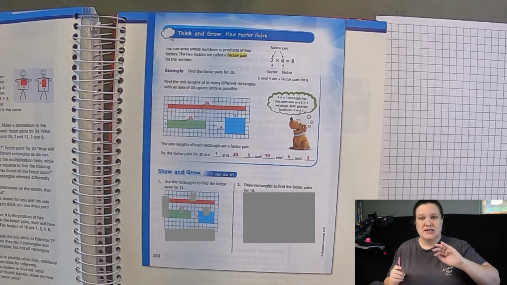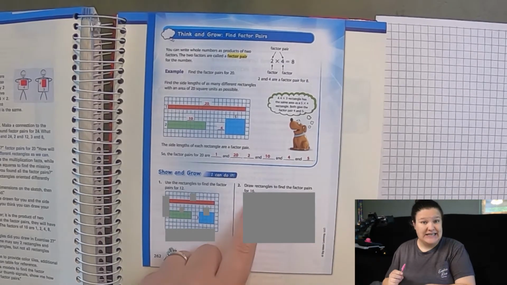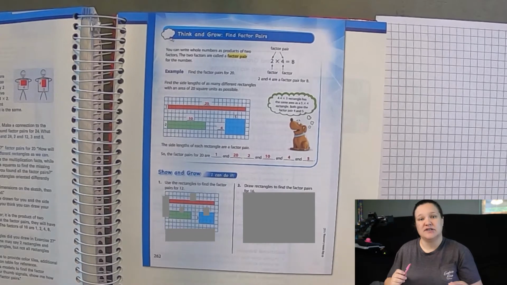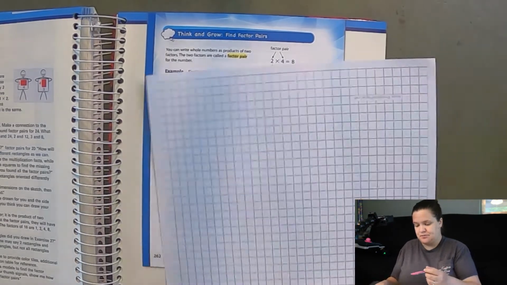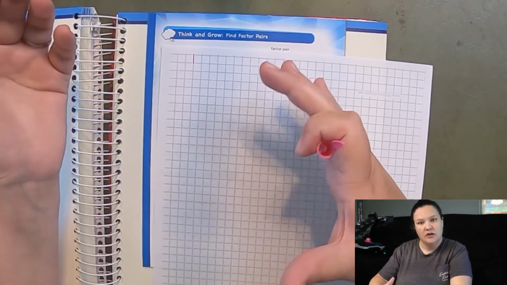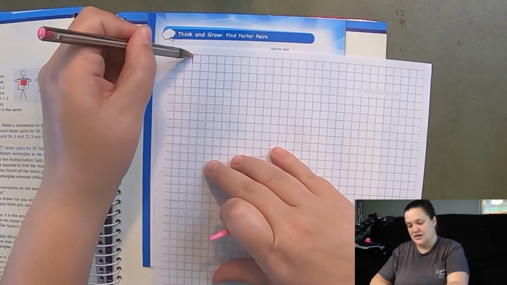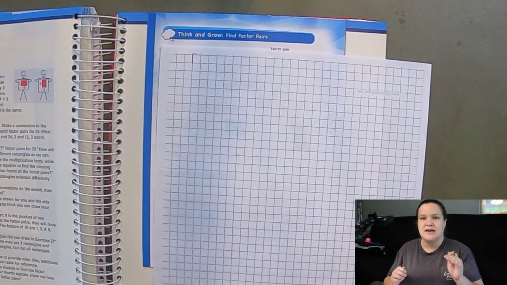Remember, like I talked about in the vocabulary section, any number that's even, one of the factors is going to be 2, and 16 is even. So 1 times 16 is 16, so you'd go 16 across.